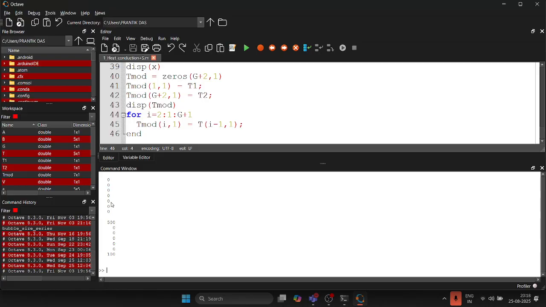So what I have to do is put the temperature that I have calculated by using ML divide into the array itself, which I am going to plot. So T mod I plus 1 is basically T I minus 1 comma 1, since I have to shift the first temperature to the second address, and I have to take the first address temperature to be the temperature at the left hand side most part of the rod itself, which is 500. Okay, so is it clear to all of you?